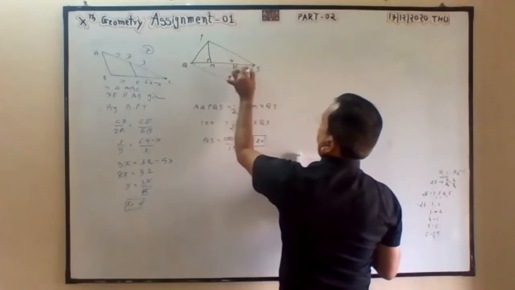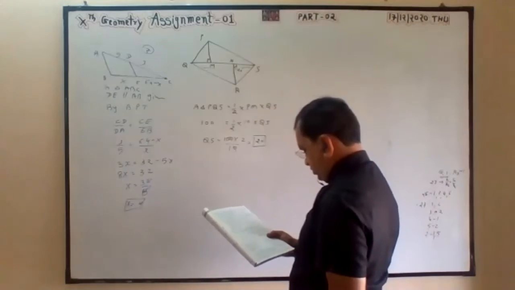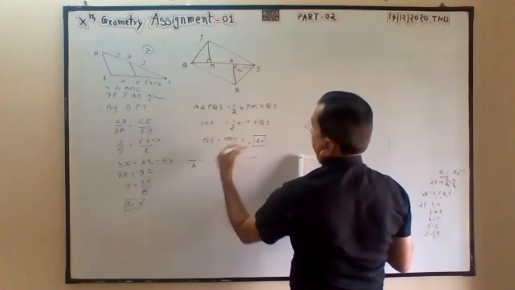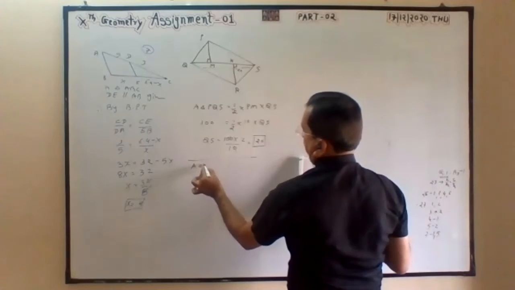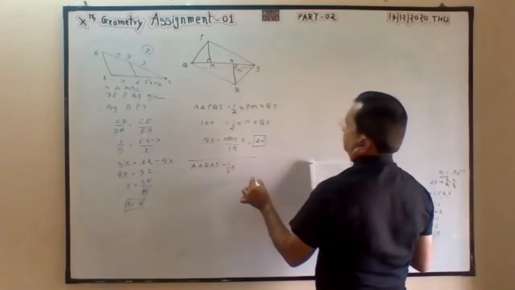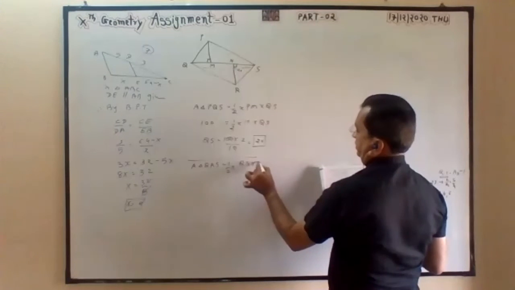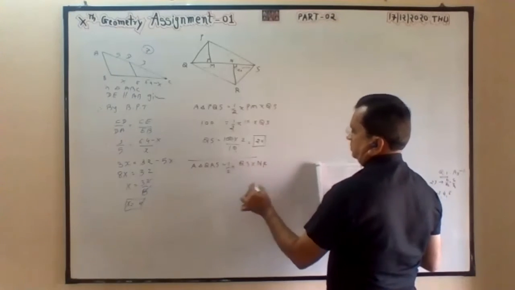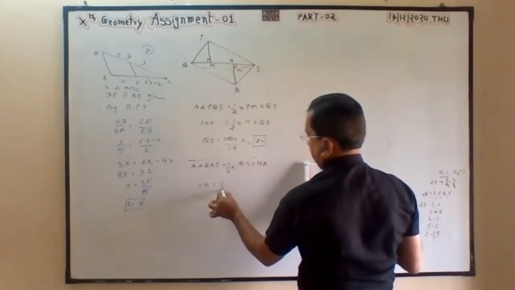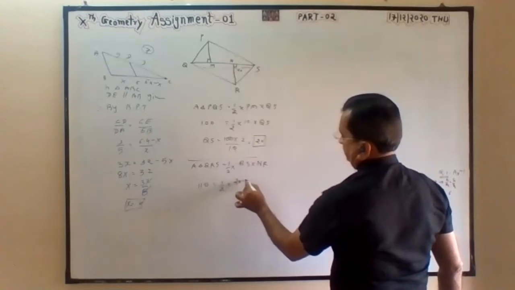So this much is 20. Now the second part. Area of triangle QRS, base, height. This is 110 given. QS that we got is 20.